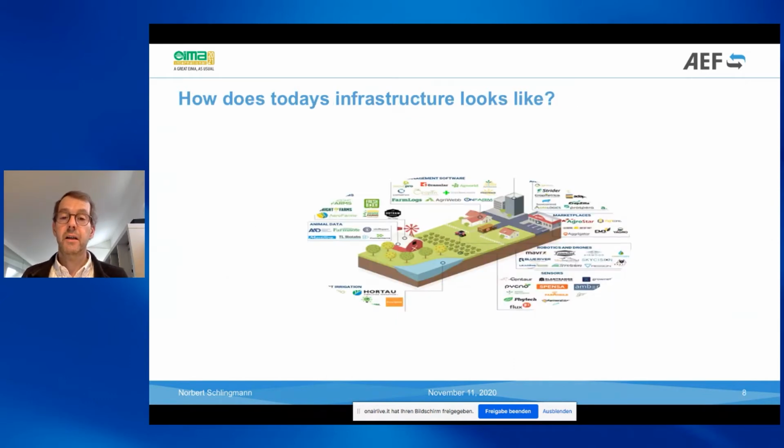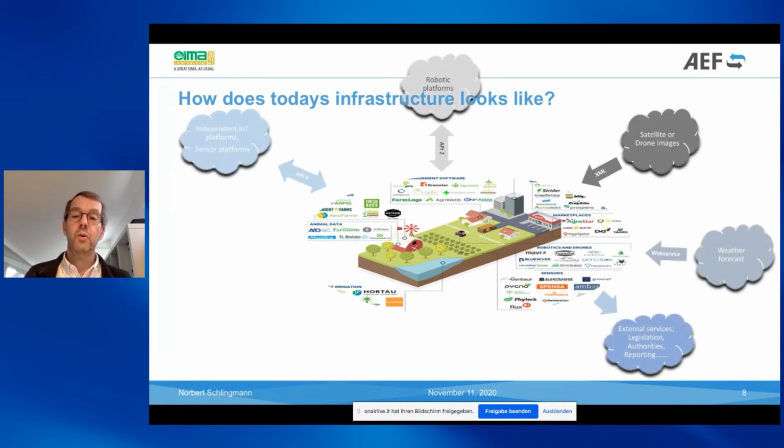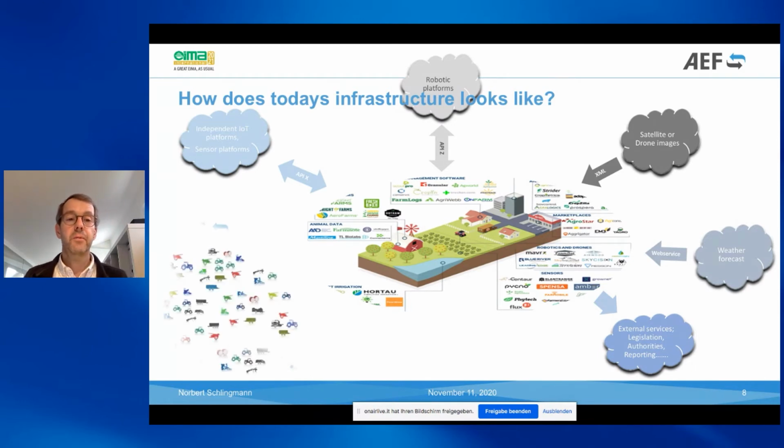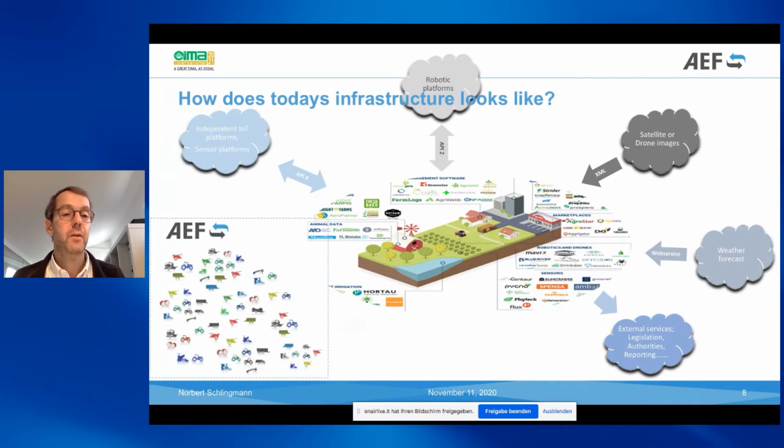I have used it sometimes. What does today's infrastructure look like? The farmers have lots of systems to be managed, lots of interfaces to the outside world, whether it's satellites, drone images, weather forecast systems, robotics platforms, or other platforms. And the machinery, AEF, we manage our machines.